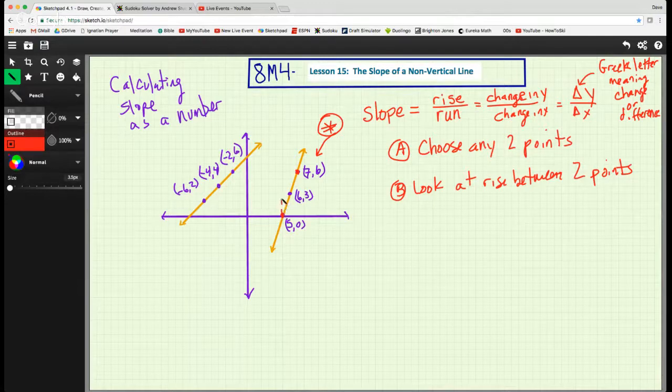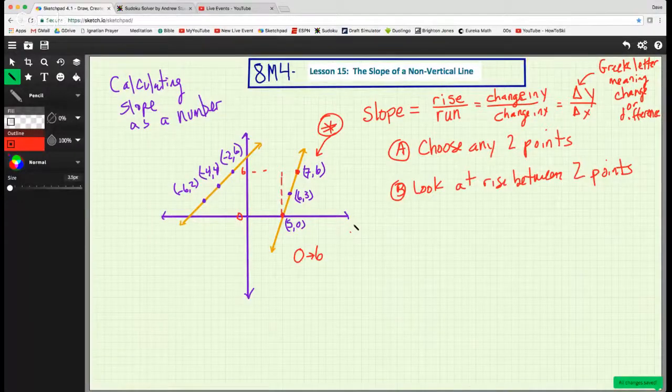The rise is this amount. It rose from 0 up to 6. If we're going from this point to this point, we're just looking at the rise part. In this case, 0 to 6.